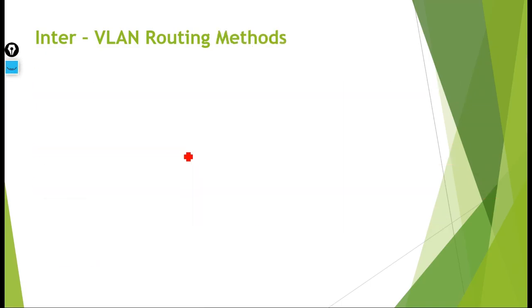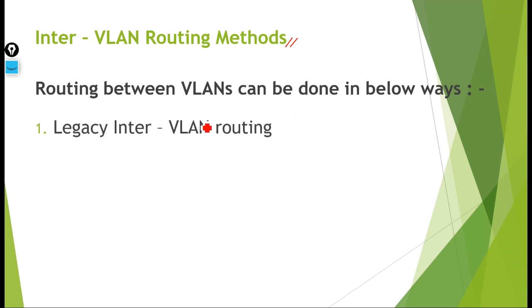Moving ahead, when it comes to inter-VLAN routing, you have three different methods. First, the legacy inter-VLAN routing method, which is a traditional method generally not used in organizations. Next you have router on a stick. Router on a stick is important because, although not widely used in corporate networks, many questions come up in interviews, and it's very important to understand it in detail.